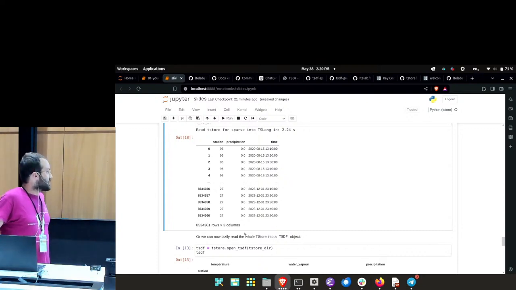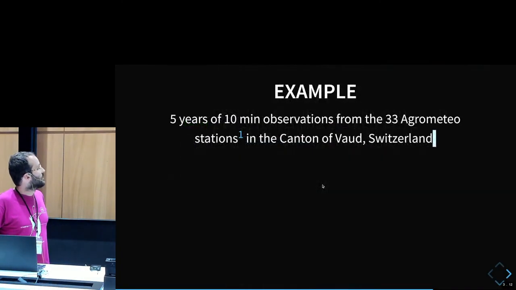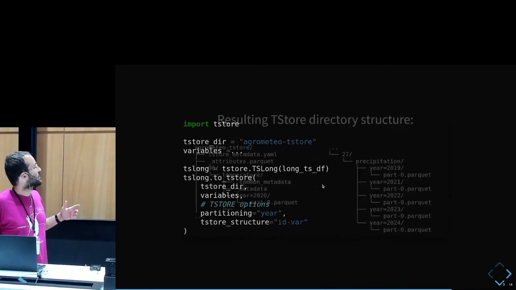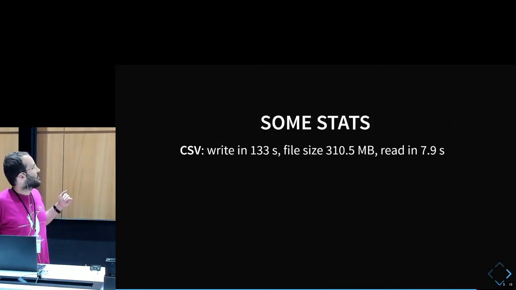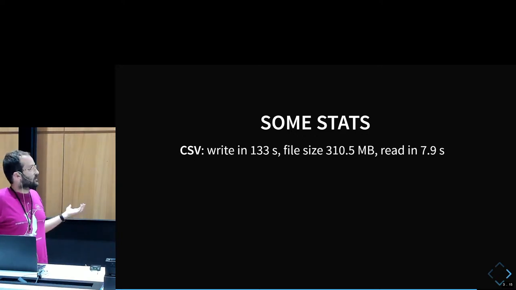What we can gain in terms of compression is much bigger. So going back to this example, this is basically what we showed in the notebook. To wrap up, these might not be the exact same figures, but I ran the notebook before, and it took 133 seconds to write the CSV of 310 megabytes, and about 8 seconds to read it.